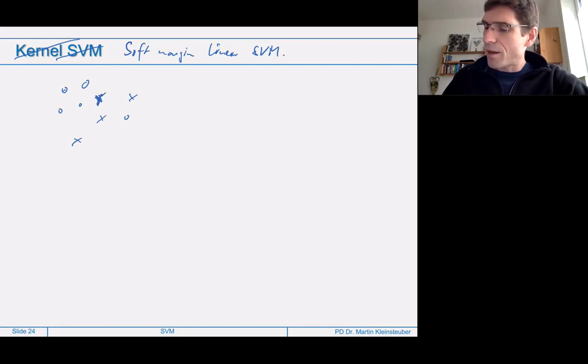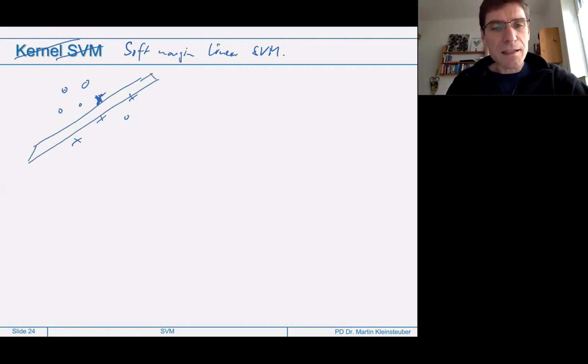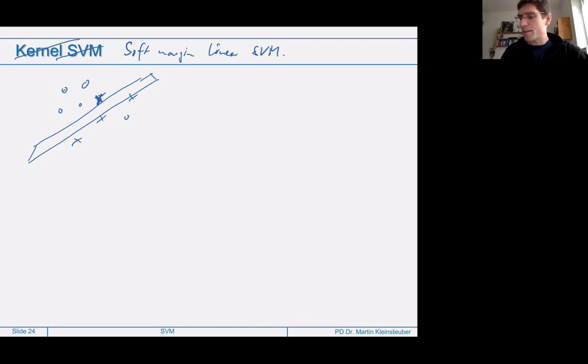And what you do is you follow the same idea with this margin here, but you penalize the distance of errors that you make. So we allow for these wrongly assigned data samples, but we're searching for a trade-off between having a large margin on the one side and a small degree of misclassification on the other side.